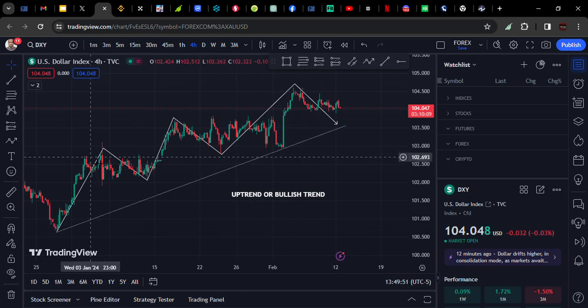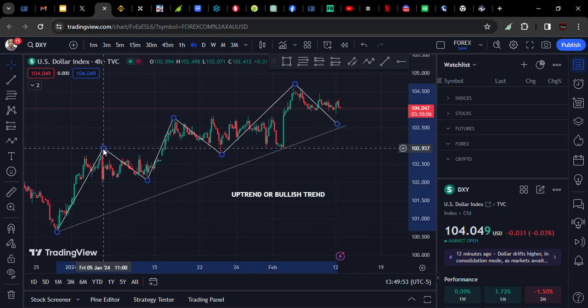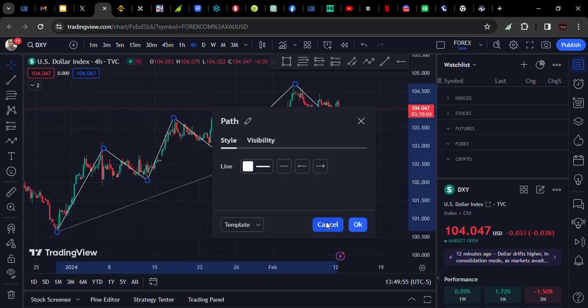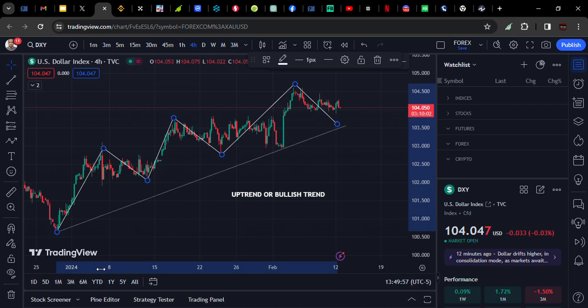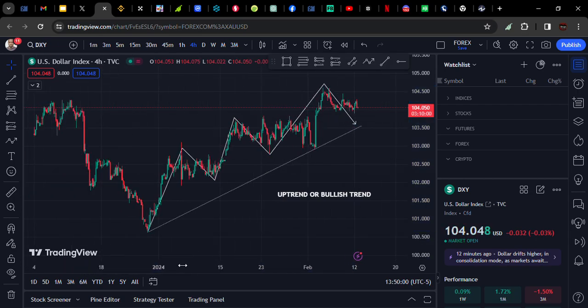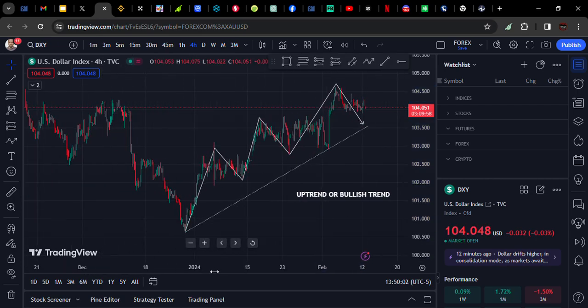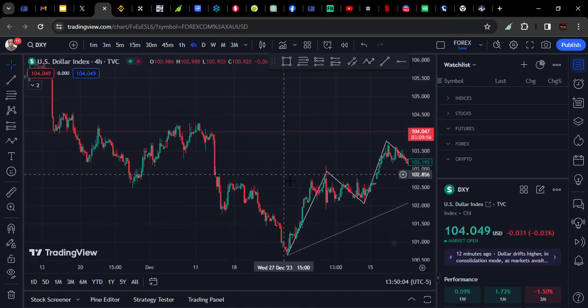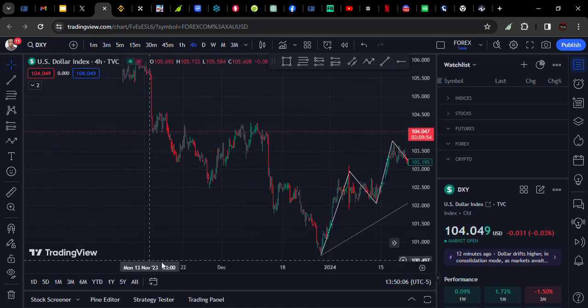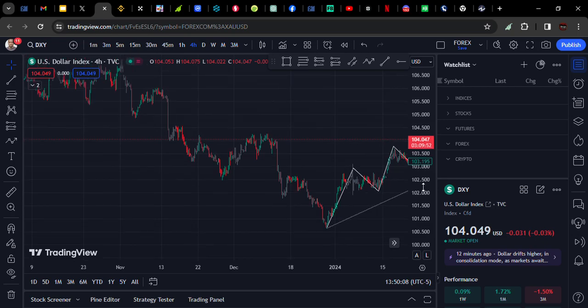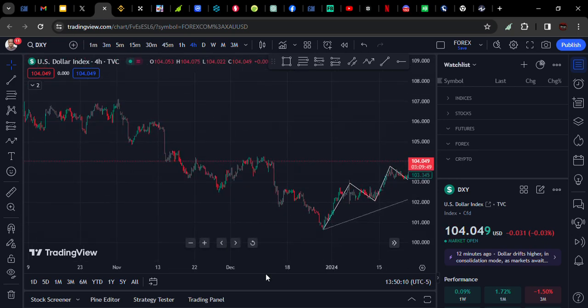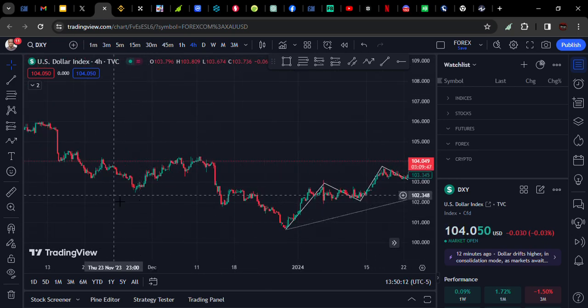Very good. So since we have established that, let's look at a bearish example, for instance, or a downtrend. Let's go to another part of the chart and see a downtrend. Okay, exactly. So in this part now, what can you guys see?